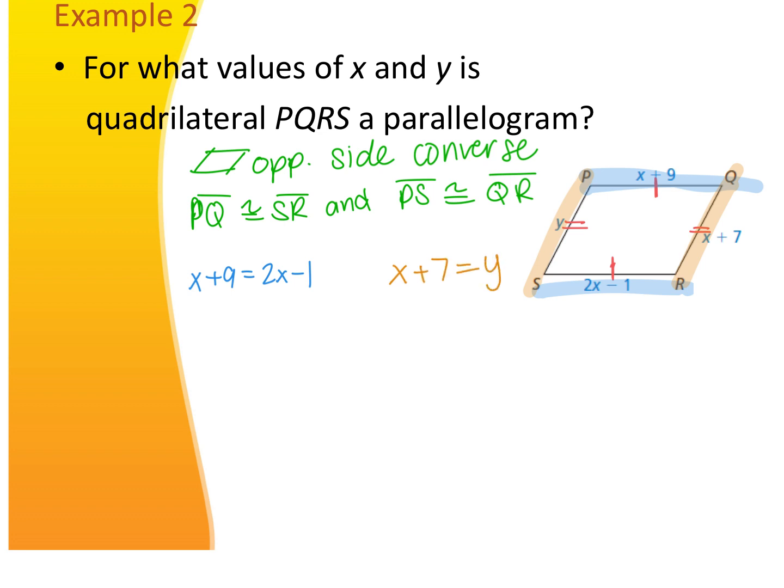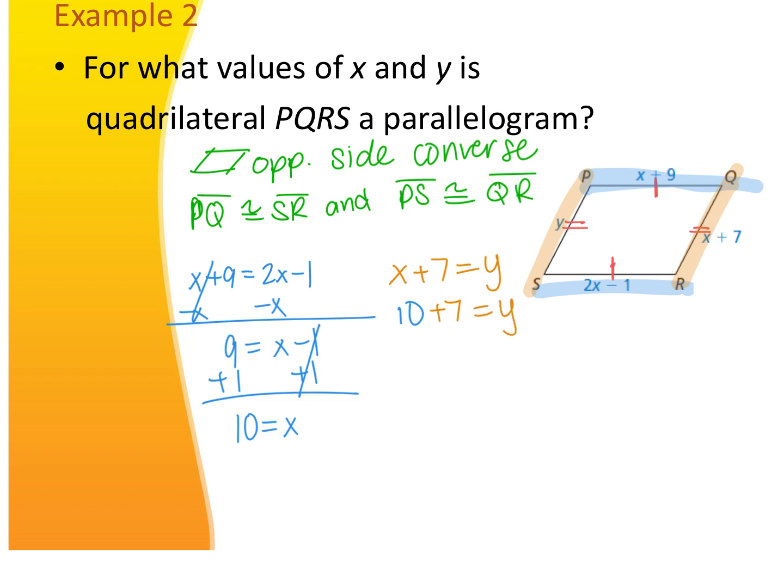So if I solved it, what does x equal? Good. If I solved it, x is going to equal 10. Subtract x. 9 equals x minus 1. Add 1 to both sides. 10 equals x. Plugging it in over here. 10 plus 7 equals y, which is 17 equals y.